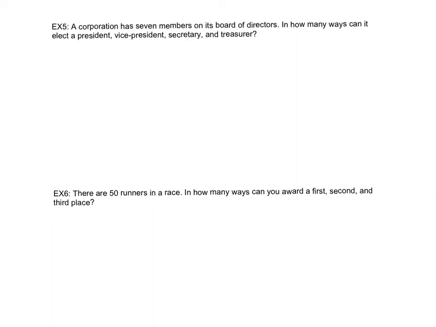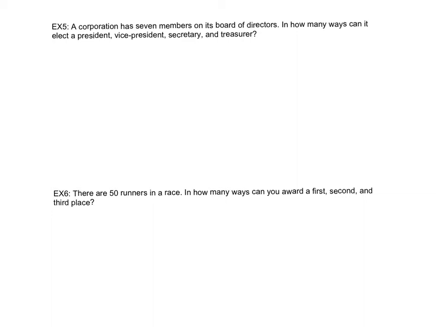Order matters. It matters who you choose as president, vice president, secretary, and treasurer. And you could just look at our government. It would be a different administration if Pence was president and Trump was vice president, or maybe not. So since the order matters, and I'm choosing from one group, and I can't use somebody more than once, this is an example of a permutation.